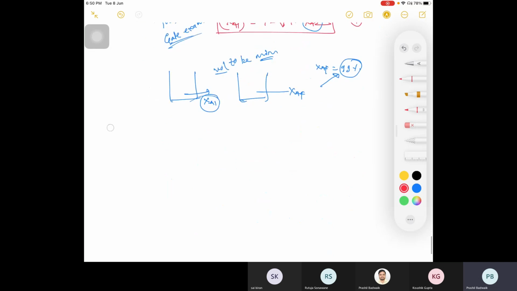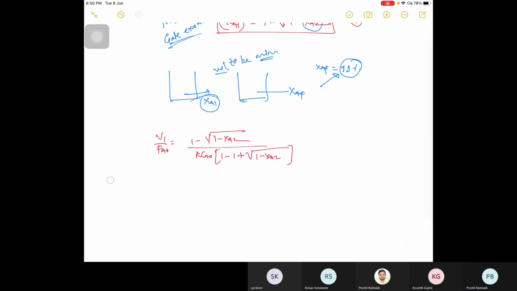V1 divided by F naught is (1 minus XA1) divided by K CA naught (1 minus XA1), which gives 1 minus square root of 1 minus XA2 divided by K CA naught square root of 1 minus XA2.